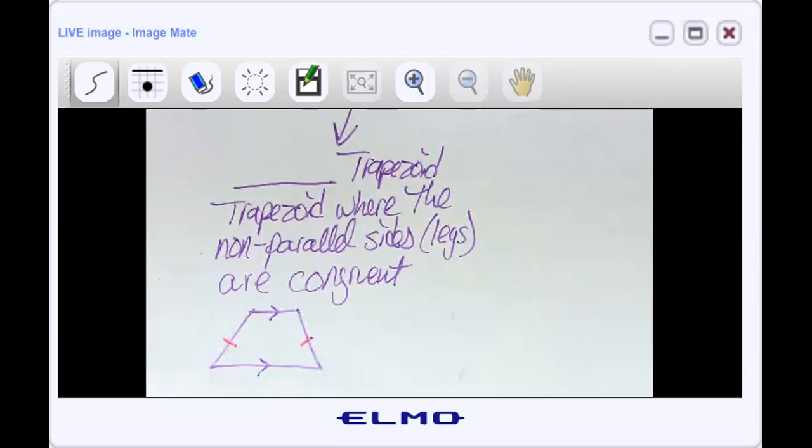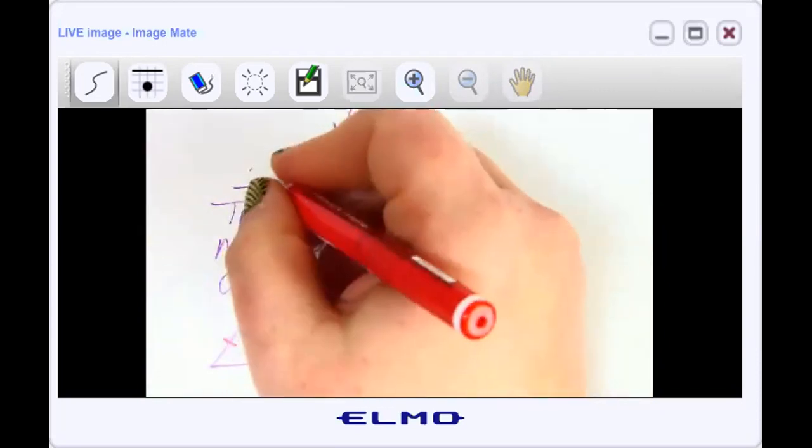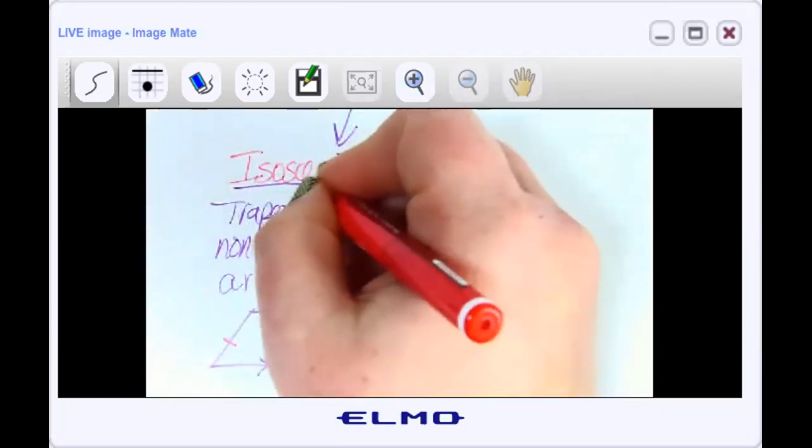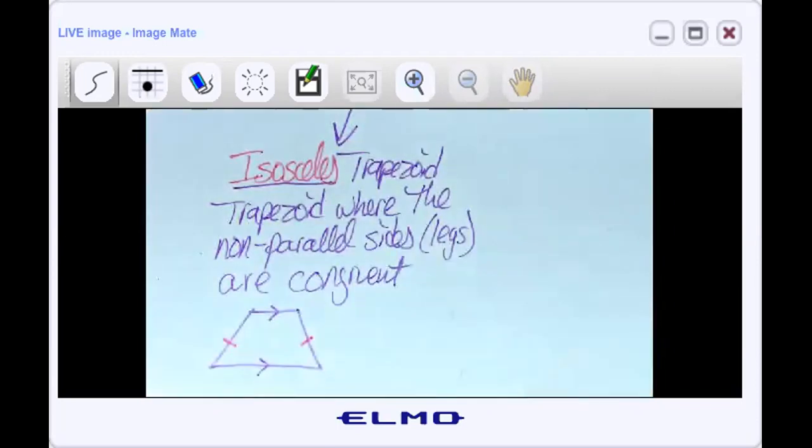Same thing as you call the trapezoid. So hopefully you've got it in your brain. It is the isosceles trapezoid. So if you have a trapezoid and it just so happens that those two other sides are equal in length, we call it an isosceles trapezoid.